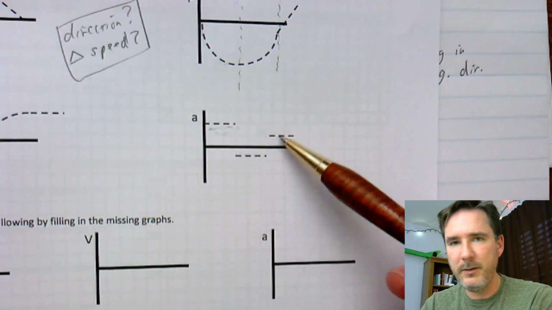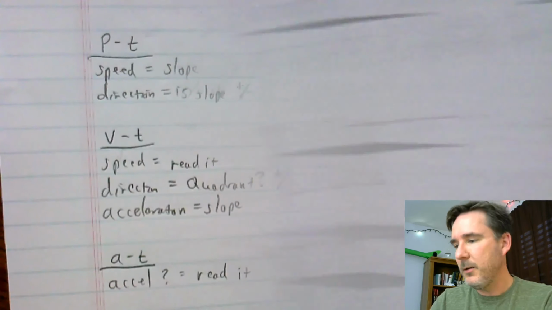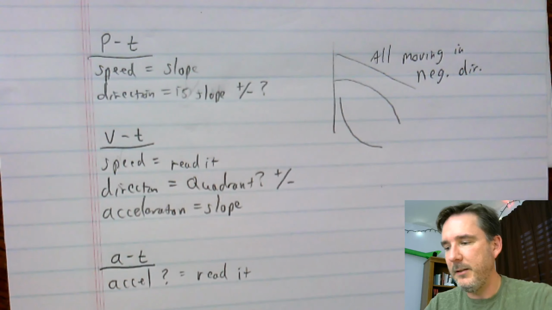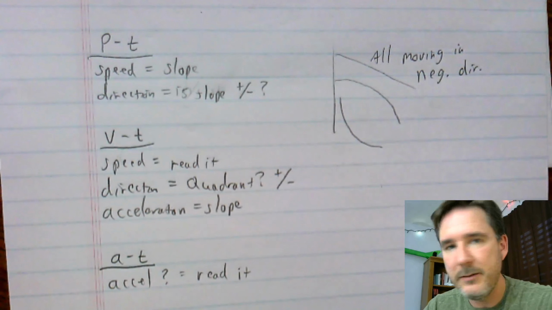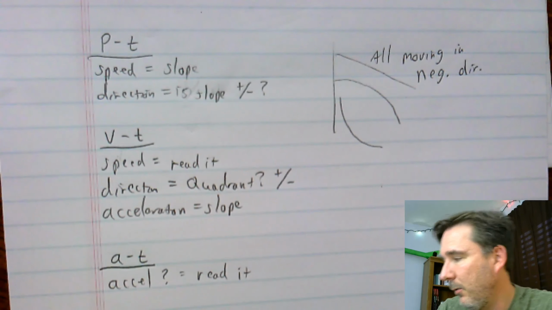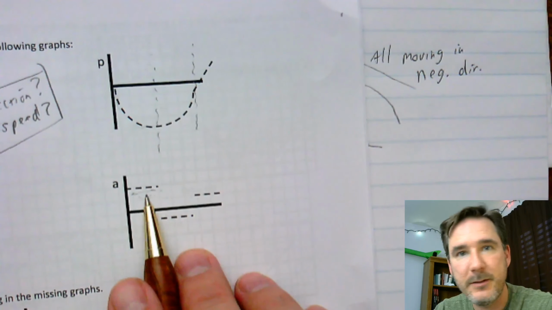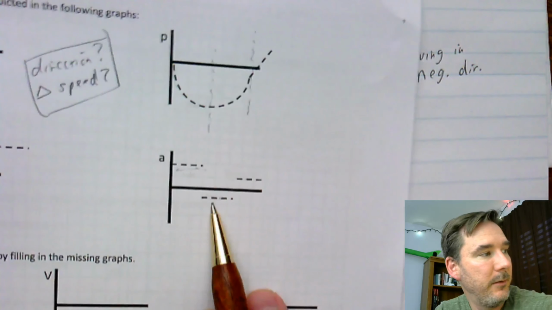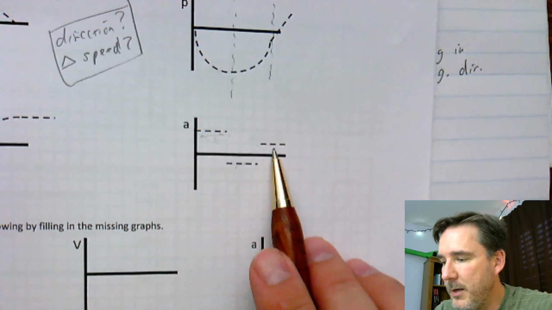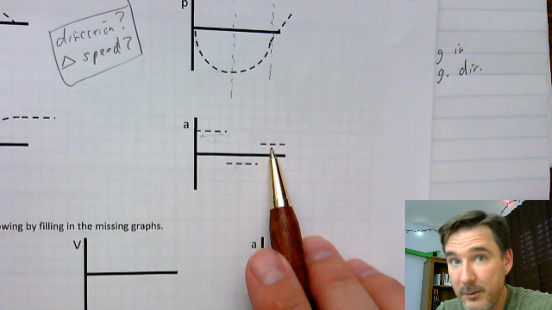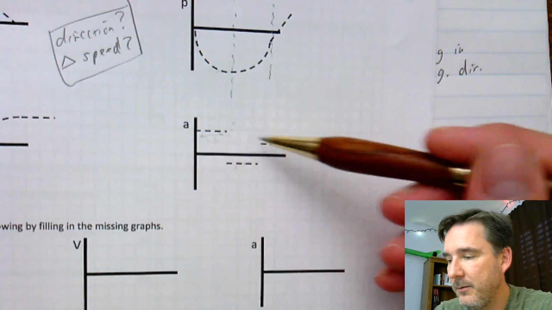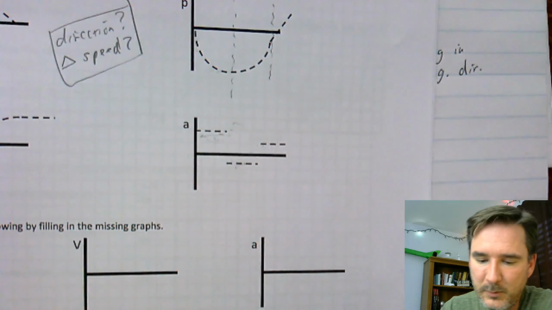And then it goes negative here, and then it goes positive here. So that's basically what it's doing. So is it a positive or negative acceleration? Well, read it. You tell me. So here it's a positive acceleration. Here it's a negative acceleration. And here it's a positive acceleration, but it's not accelerating as much as it was originally. All right.